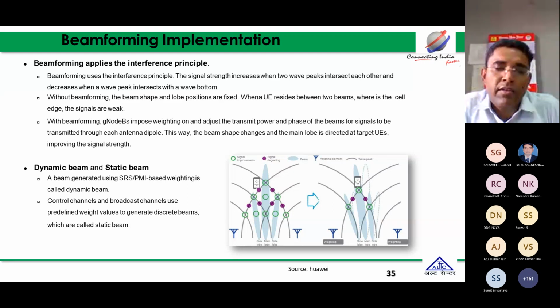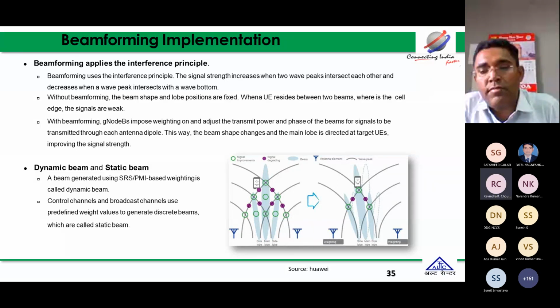For the data channel, the traffic channels, they use the dynamic beam, and for control channels and broadcast channels, they use static beams. For static beams, the predefined weight values are there to generate the broadcast beam.